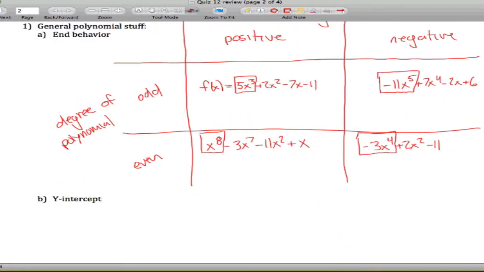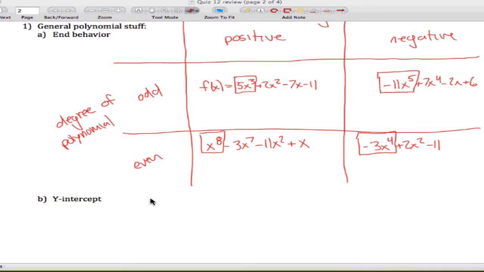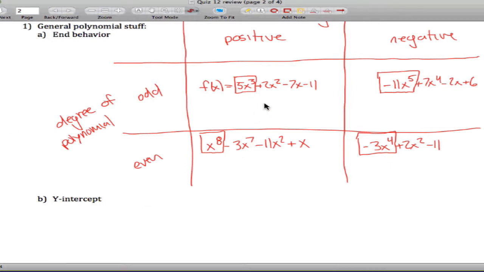For end behavior, describing it is one thing. Really what we're trying to figure out is this: polynomials do a lot of weird stuff in the middle. They go up and down, they cross axes, they have all sorts of weird shapes. But if you go far enough to the right or far enough to the left, one of four things happens.